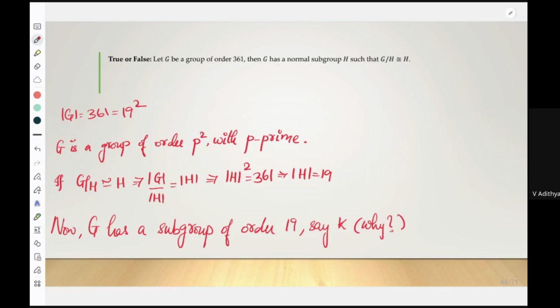Because 19 is a prime number, and we know for any prime dividing the order of G, there exists an element of that order. So we'll have an element of order 19. That will generate a subgroup of order 19. Call it K, so the order of K is 19. And is K normal?